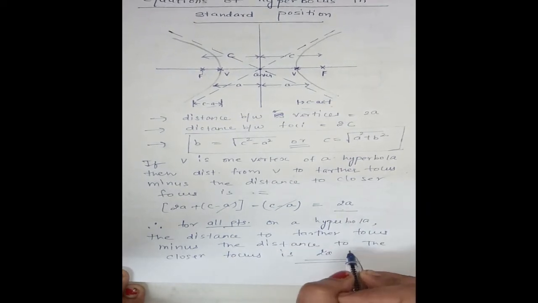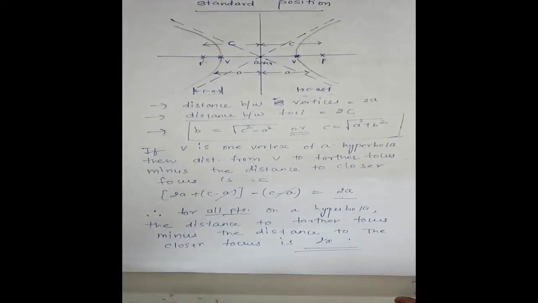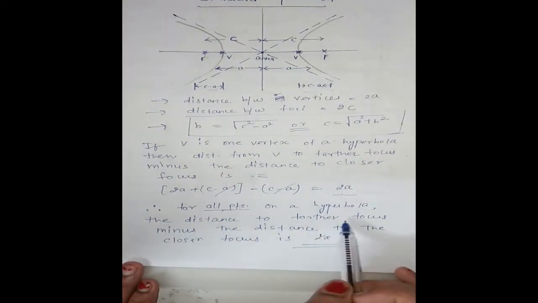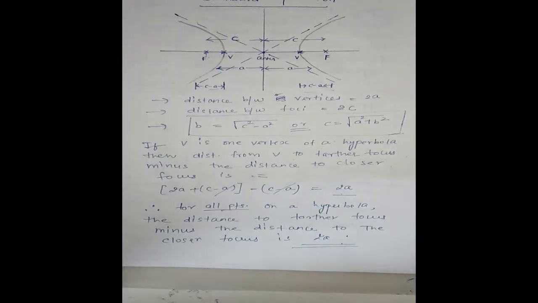This 2a is a given positive constant. Okay. Distance to the farther focus minus distance to the closer focus is 2a. Clear?